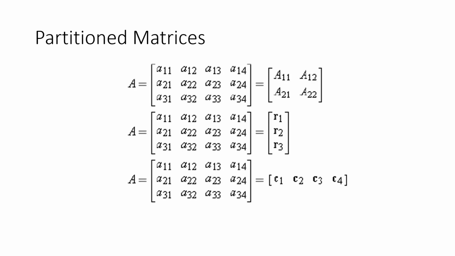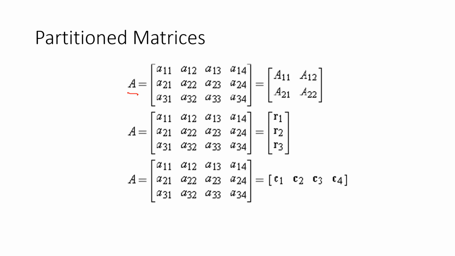The first one is a partition of matrix A into four submatrices. You have matrix A11, A12, A21, and A22.